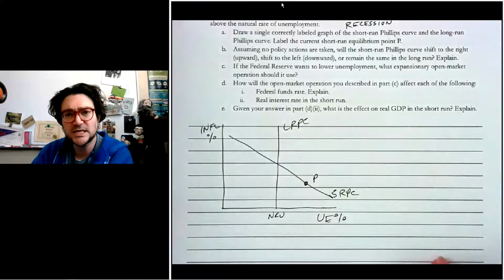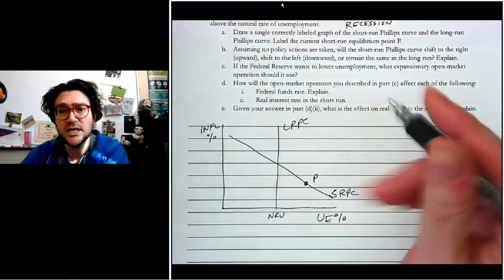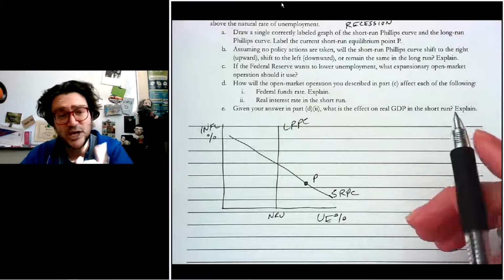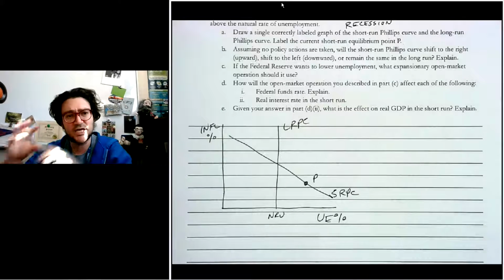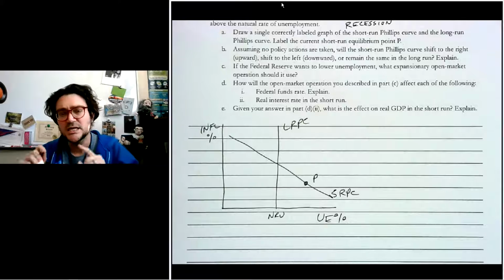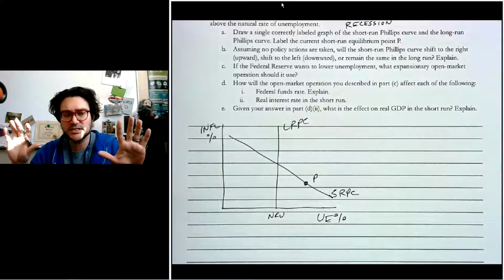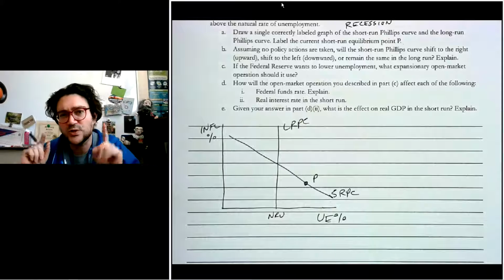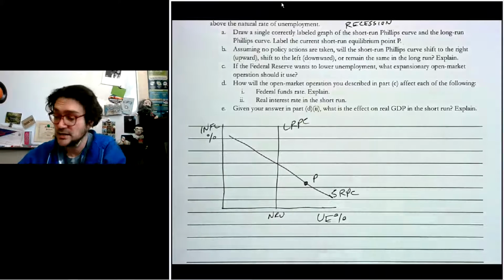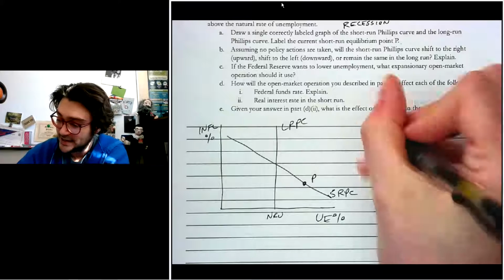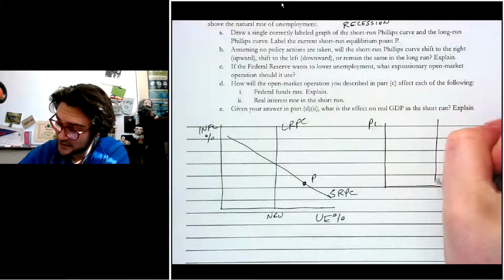Part B says, assuming no policy actions are taken, will the short-run Phillips curve shift left, right, or remain the same in the long run? Explain. This is actually asking you to connect multiple things in this class. The economy is in a recession and no policy actions are taken. Remember that the economy will self-correct. You don't have to draw this part, but think about the aggregate demand, aggregate supply model.